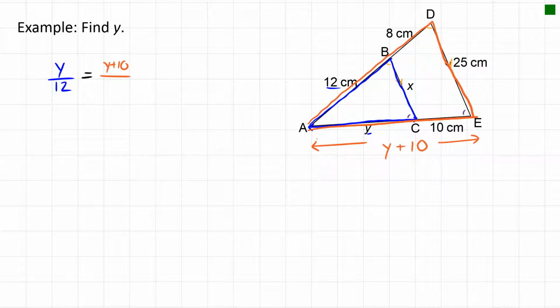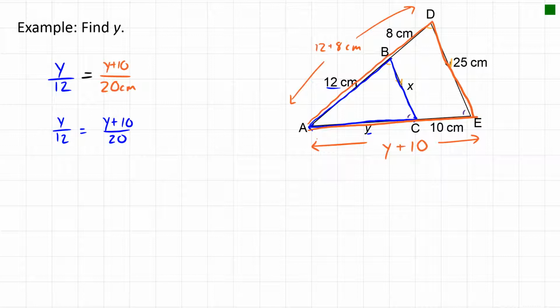And this other side that corresponds with the 12 centimeter length goes from A to D, and it's 12 plus 8 centimeters in total, which is 20 centimeters. So the equation that I have to solve looks like y over 12 is equal to y plus 10 over 20. To solve this equation, we can go about it a bunch of different ways.